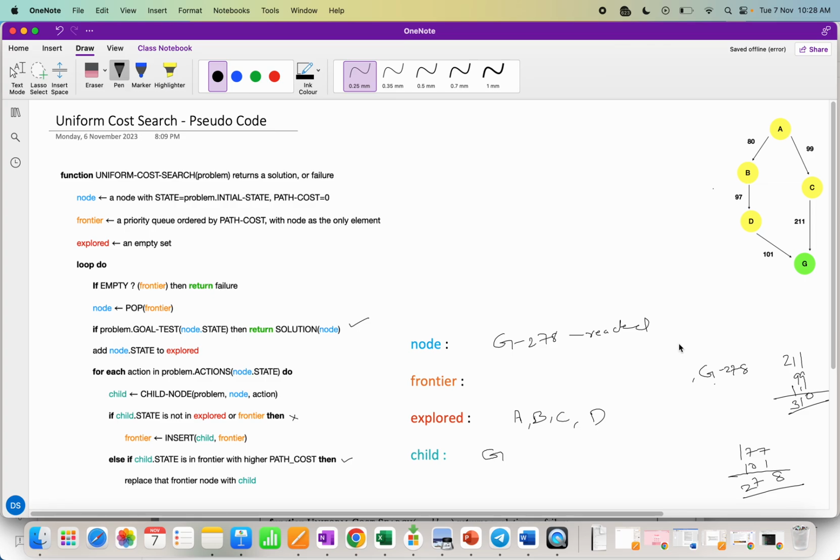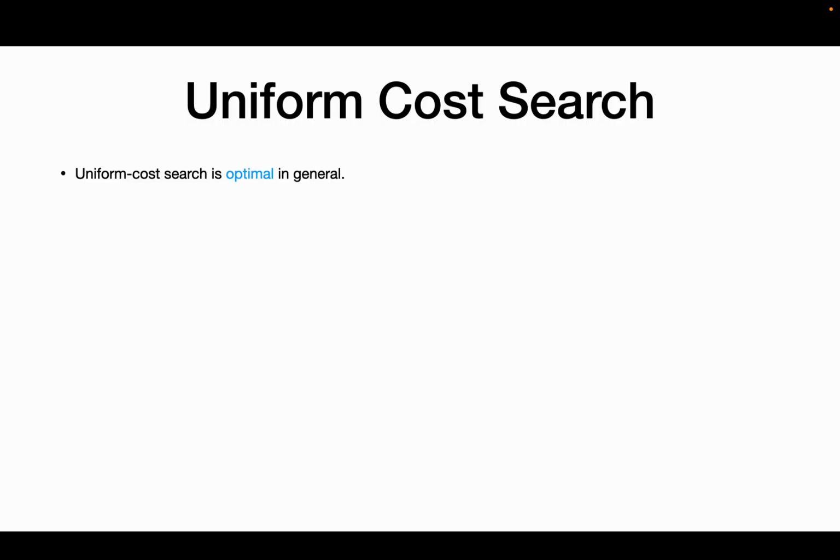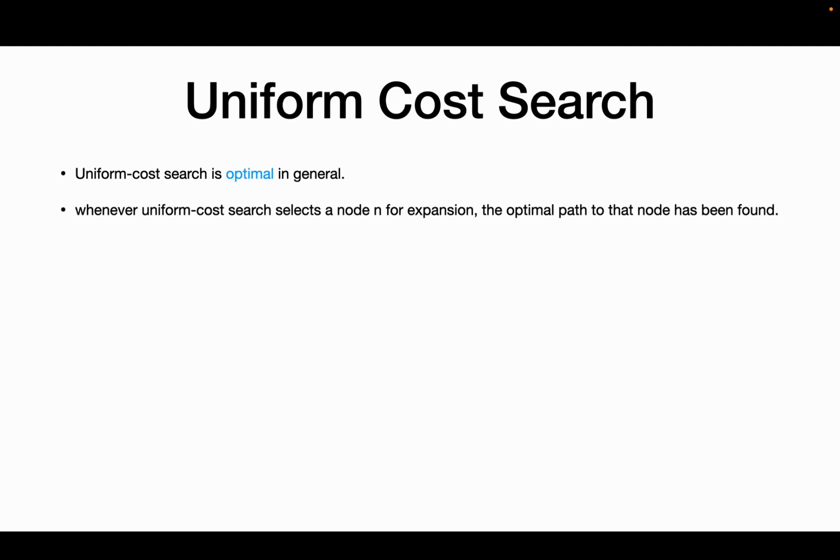So now let us see the cost incurred in uniform cost search. Uniform cost search is optimal, which means that the path it gives is the best path. There is no better path than what we get from uniform cost search.